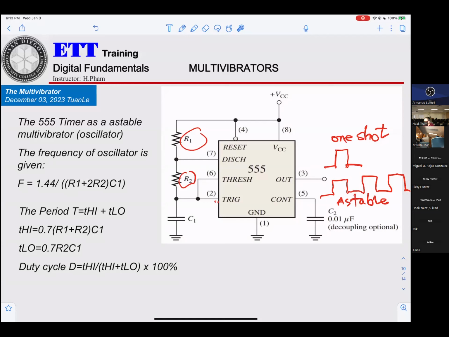That is one of the labs you will be working on. You have to rebuild the circuitry and calculate what the frequency equals, what the period equals, what the high and the low are, also the duty cycle.